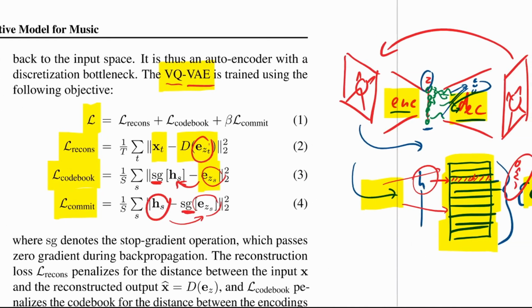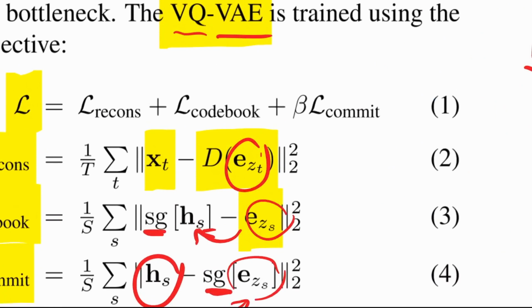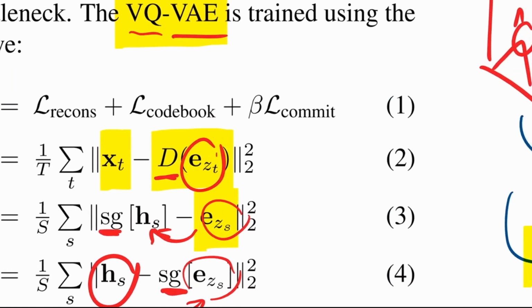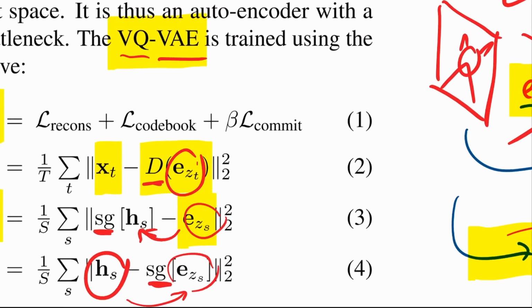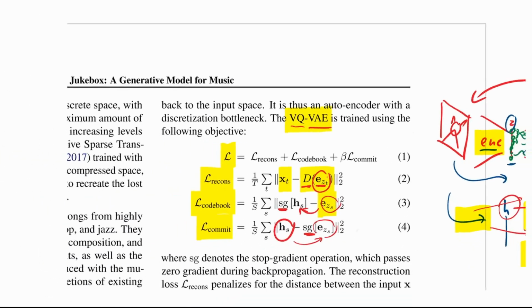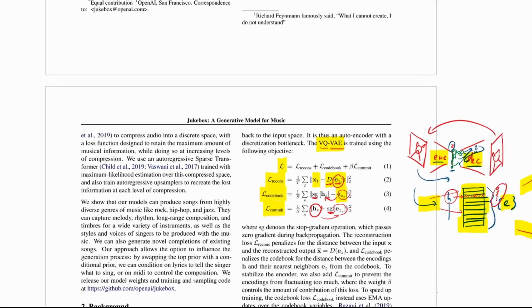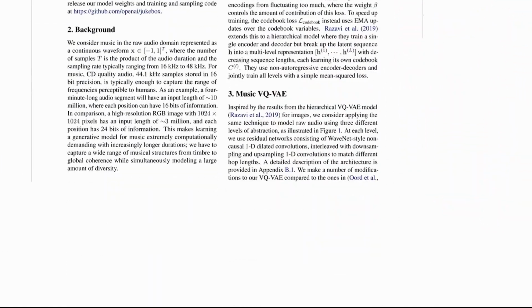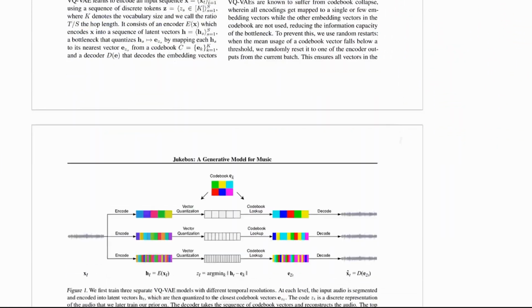Honestly, now that I think about it, I'm pretty sure in the reconstruction loss, you might only train the decoder, because you do have this quantization step in between in this thing here. So technically, you could not backpropagate through that. All right, so that's how you train the individual parts of a VQ-VAE, and we'll see how they use it in order to produce music.